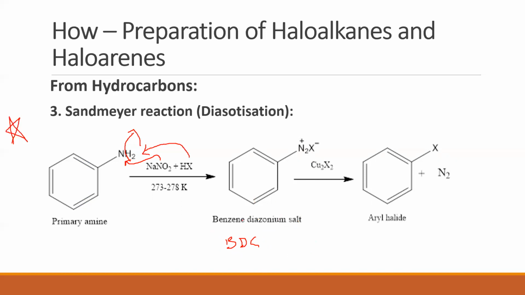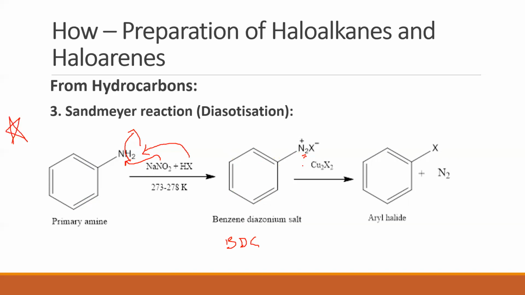Now why is the compound called so? Now this is my benzene. There are two nitrogens. Nitrogen is also called azo, just like sulfur, which is called thio.